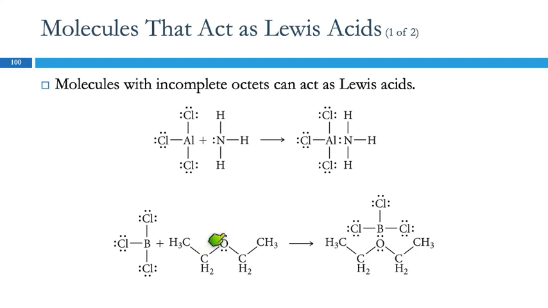So this oxygen will donate this pair, sharing it with the boron to form this adduct. So this is the Lewis acid, and this is the Lewis base. This is not a huge deal in Chem 1B, but like I said, it will show up in OChem.